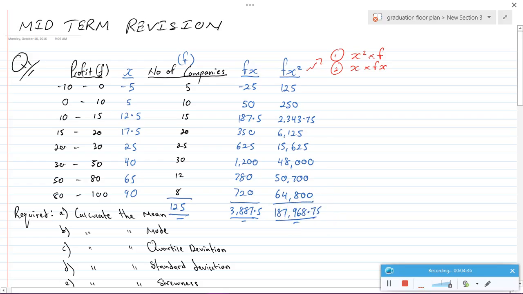Do you get 187,968.75? Check. Total Fx power of 2. Correct? Check. Total Fx power of 2, 0.75, correct? Okay, very good.